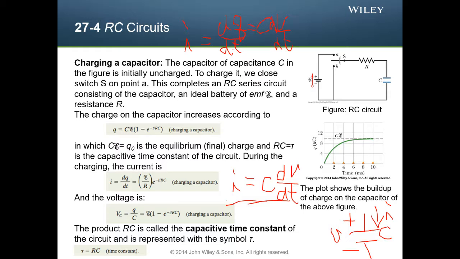Then you can also substitute it into the original equation and solve for the constant.